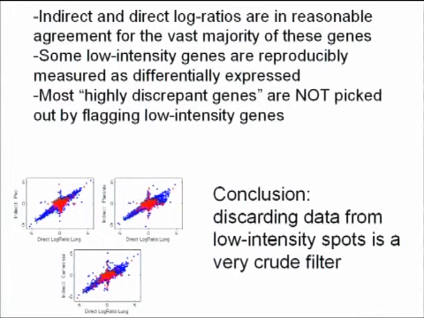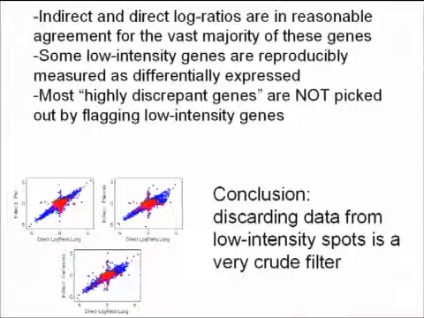So I would say that the indirect and direct log ratios are in reasonable agreement for the vast majority of low intensity genes. And some low intensity genes are reproducibly measured as differentially expressed. And most of what I call the highly discrepant genes, the genes on these plus areas here, are not flagged if you flagged low intensity genes.